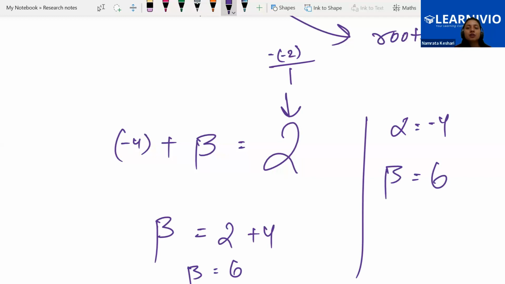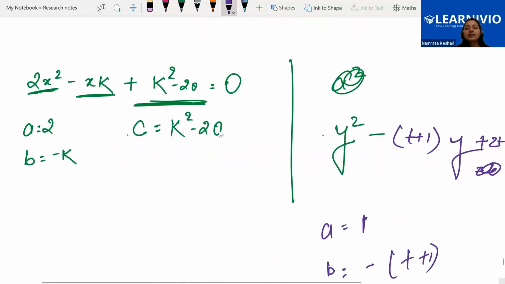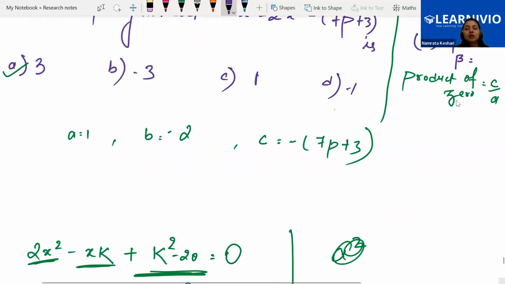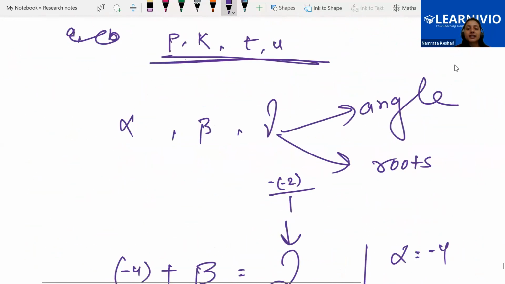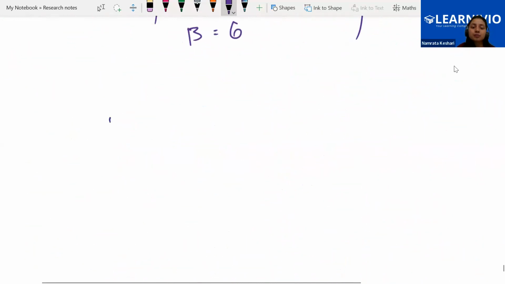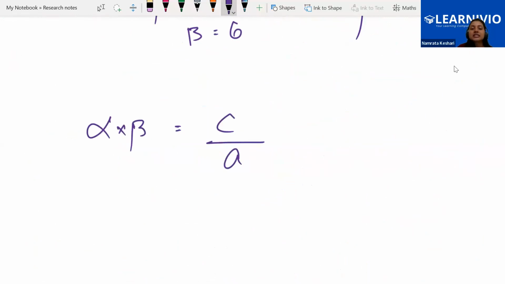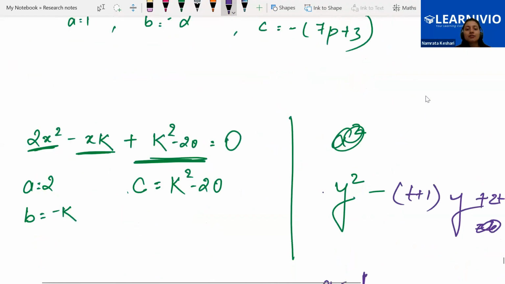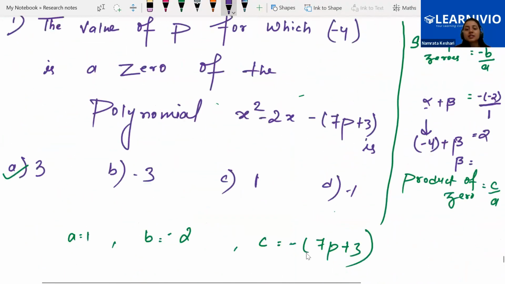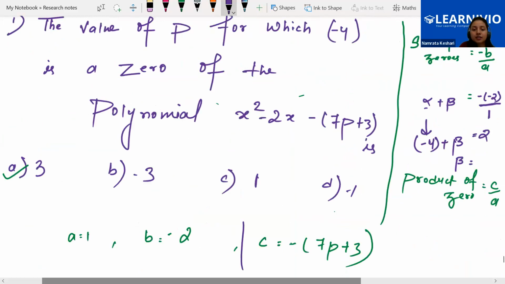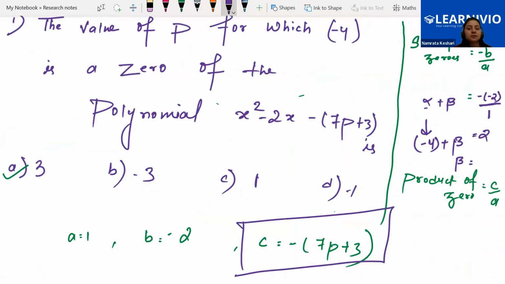Now what do we have to do? We have one more formula in hand, that is the product of the roots. Product of the roots, alpha into beta, is c by a. What is c in our equation? In our polynomial, see carefully, I have explained that c is minus of 7p plus 3.